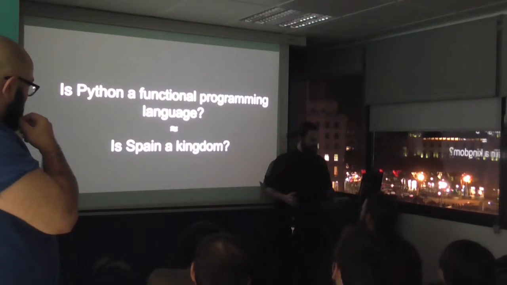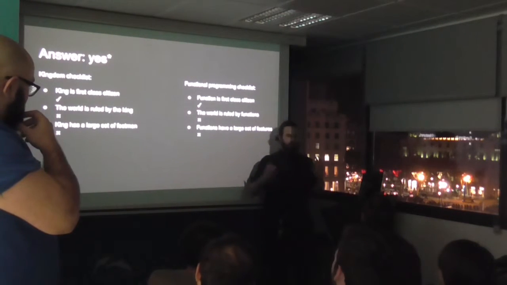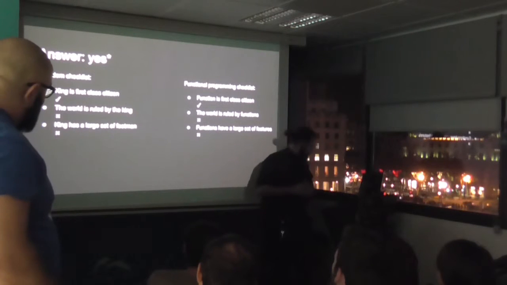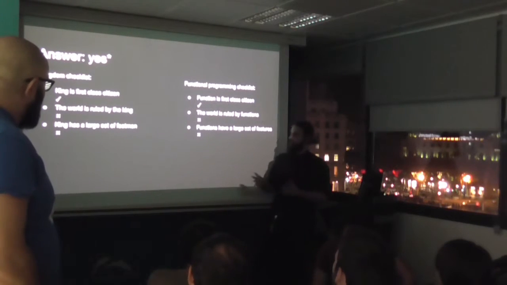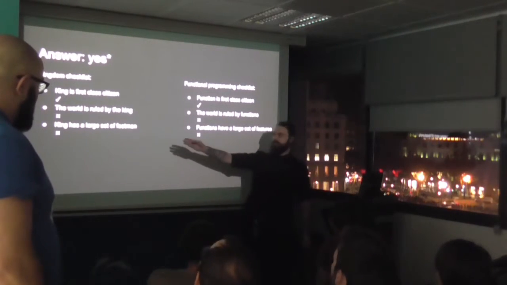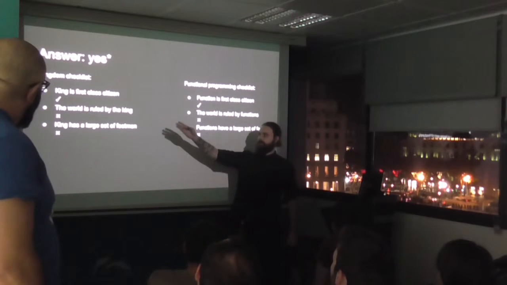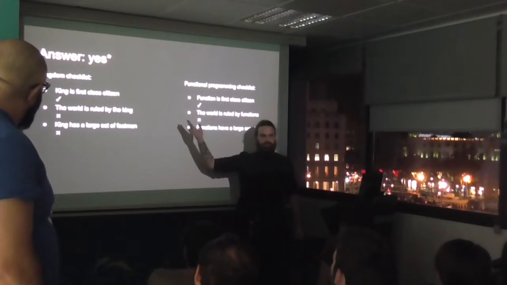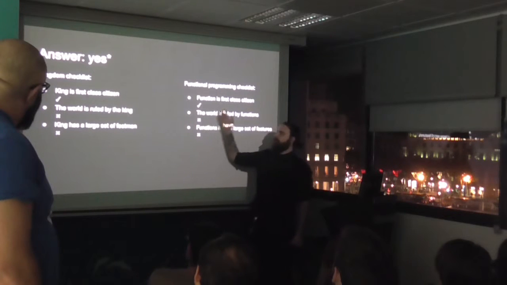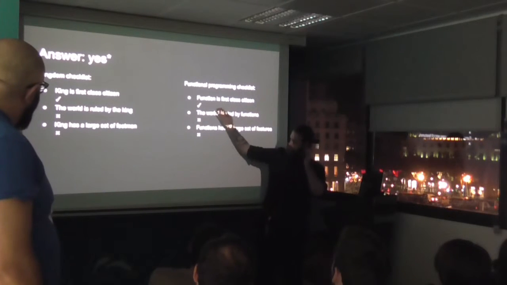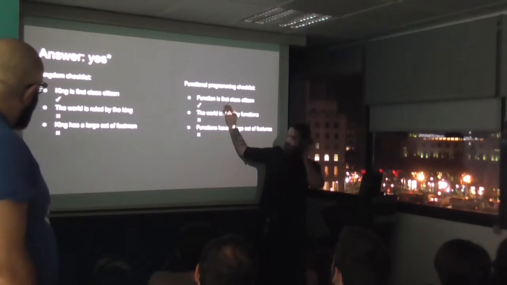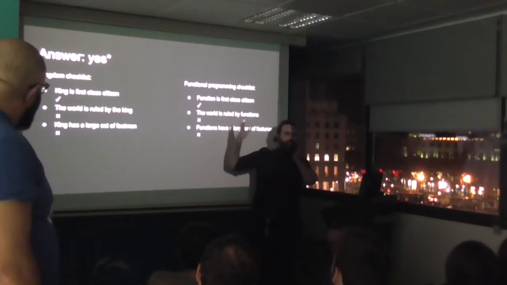So the point is that it depends. What do you mean by functional programming? For example, in the case of a kingdom, you need a king as a first-class citizen. In the same way, in functional programming, you need functions as a first-class citizen. And Python has functions as first-class citizens.